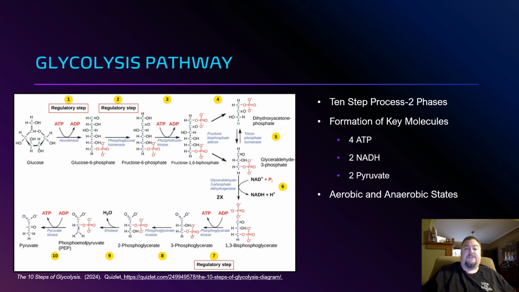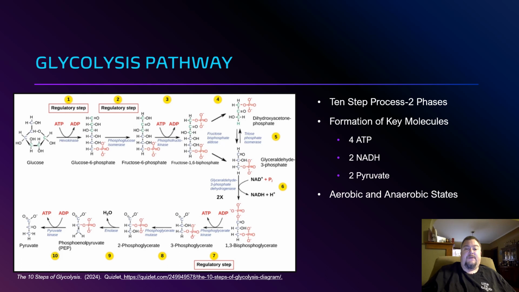Two half reactions in step 6 occur simultaneously. The first, glyceraldehyde 3-phosphate, is oxidized, and 2 NAD+ is reduced to NADH and H+. The overall reaction is exergonic, releasing energy that is then used to phosphorylate the molecule, forming 1,3-bisphosphoglycerate.